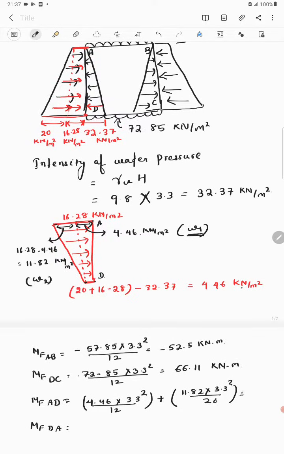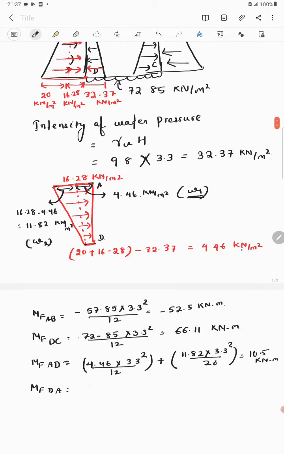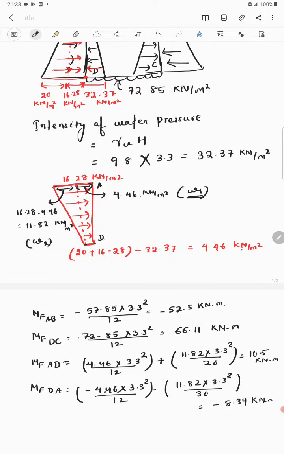So this one is coming 10.5 kilonewton meter. Now come to MFDA, it will be just the reverse one: minus 4.46 L square by 12 minus 11.82, that is W2, L square by 30. If you calculate, this will be minus 8.34 kilonewton meter.